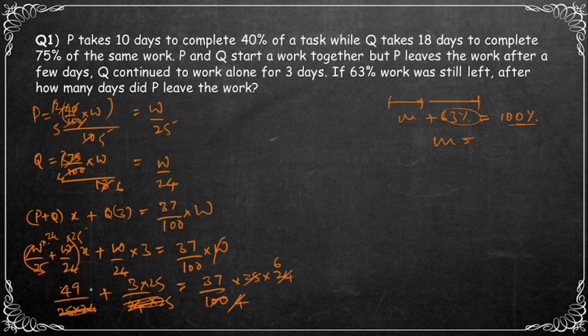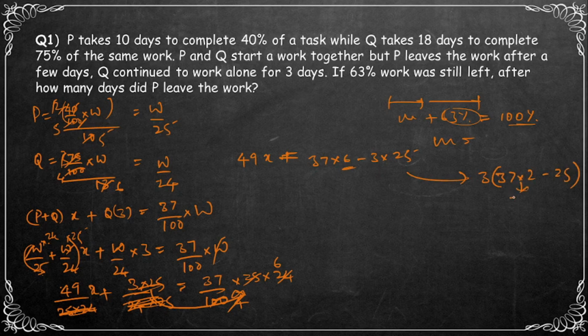Now 49x plus 3 into 25 is equal to 37 into 6, so 49x equals 37 into 6 minus 3 into 25. Now 6 is nothing but 3 into 2, so if I take 3 common, you can write it like 3 into 37 into 2 minus 25.